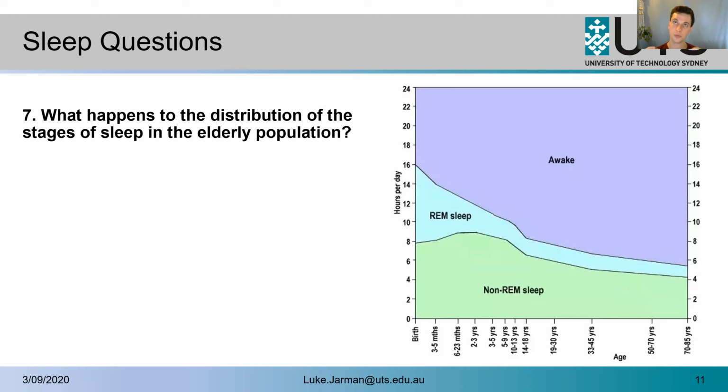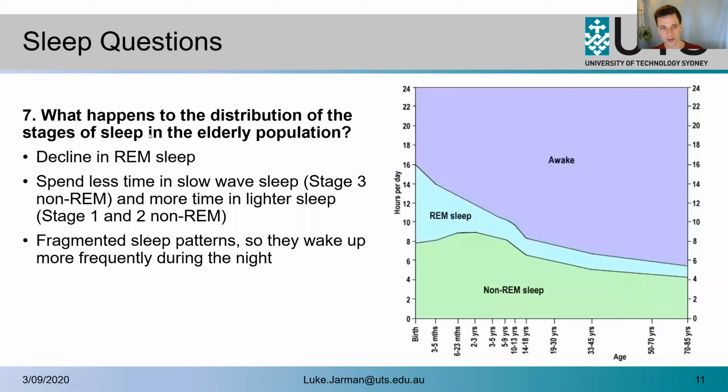Your circadian rhythms, which I'll talk about in a minute, are your internal body clocks, and they actually shorten as you get older, and it starts causing these weird lapses in your ability to have REM sleep, as well as just sleep in general. So decline in REM sleep as you get older, spend less time in slow wave sleep, and fragmented sleep patterns, particularly in the elderly. So they'll wake up more frequently during the night, and they might have more trouble getting back to sleep.